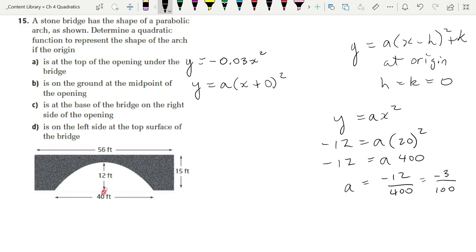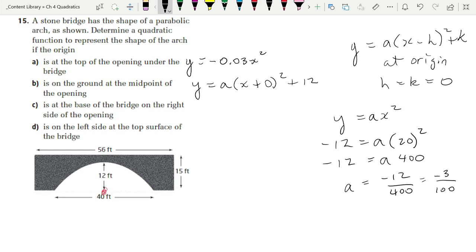But K has done what? It has gone down 12, but my vertex, if this is 0, 0, the vertex is above it. So to go from 0, 0 to where the vertex is, it's a shift of positive 12. Do you see why that has to be a positive number?